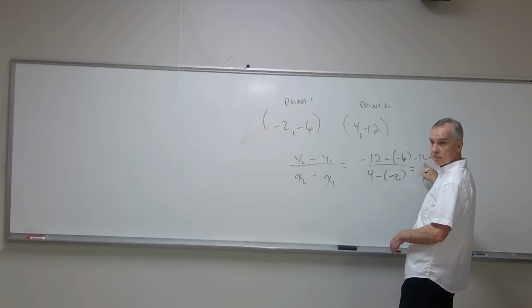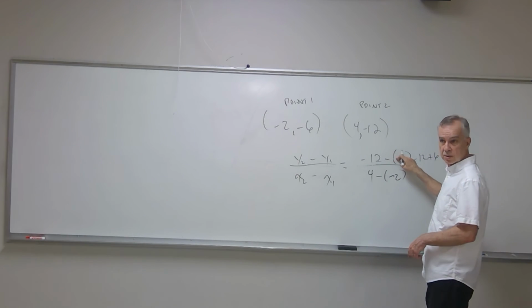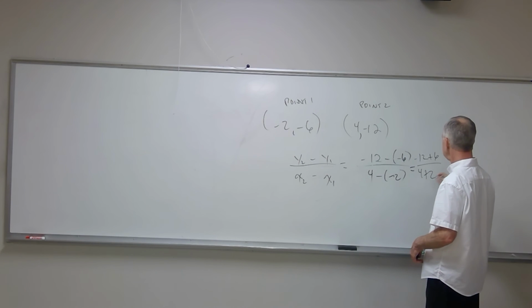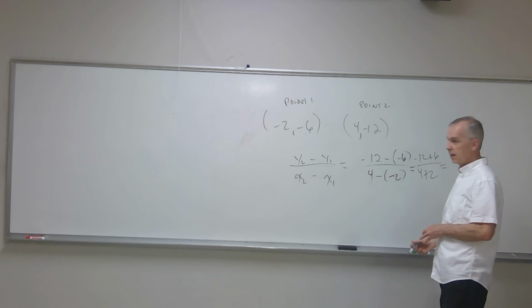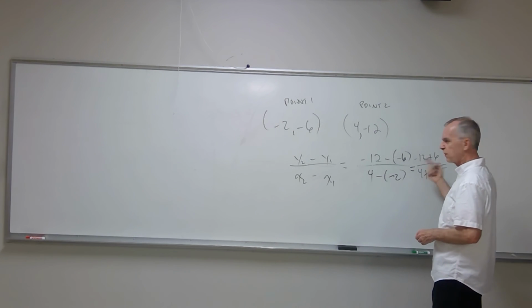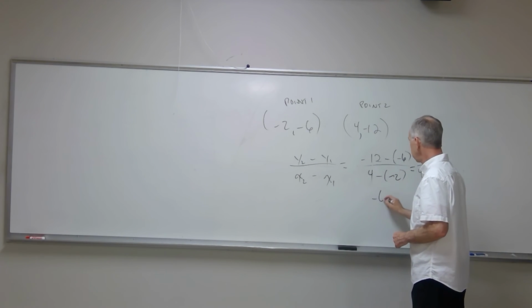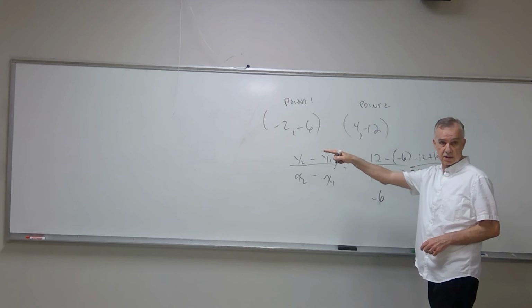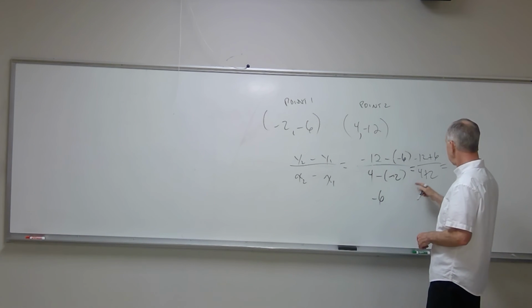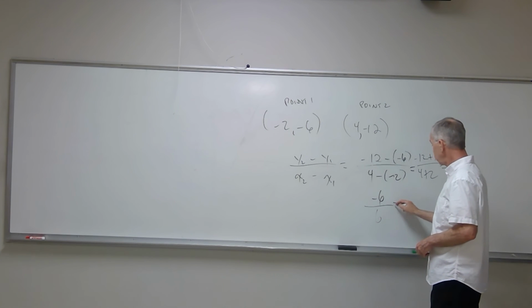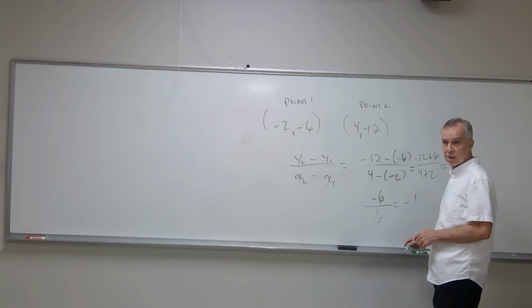Negative 12 plus 6, which is the tricky triangle. And 4 minus a negative 2 is 4 plus 2. Negative 12, positive 6 is negative 6, right? Go 12 in this direction, only come back 6. And 4 and 2 is 6, so we can reduce this to negative 1.